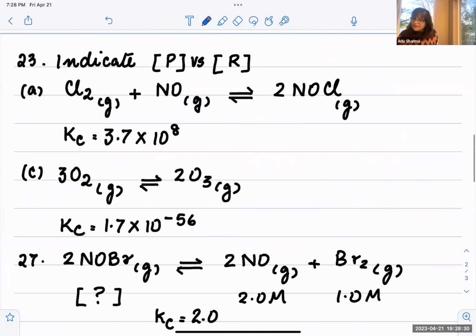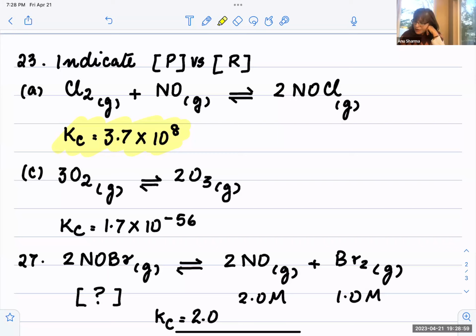Next is indicate whether the reaction will have more products or reactants. Here they are asking you to look at the Kc value and make sense of it. We are not given the concentrations, but they are trying to see whether you understand how to interpret the Kc value.